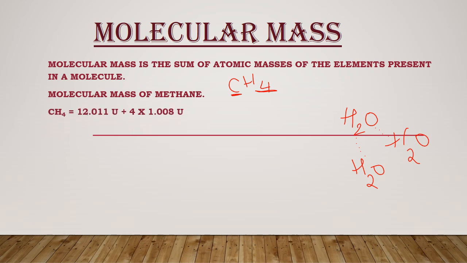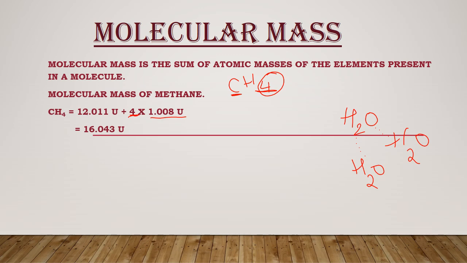The atomic mass of carbon is 12.011 and the atomic mass of hydrogen is 1.008. But since we have 4 atoms of hydrogen, we will have to multiply that by 4. So once we add up the atomic masses, we get the molecular mass, that is 16.043 U.